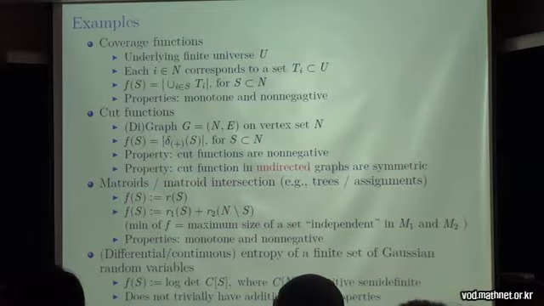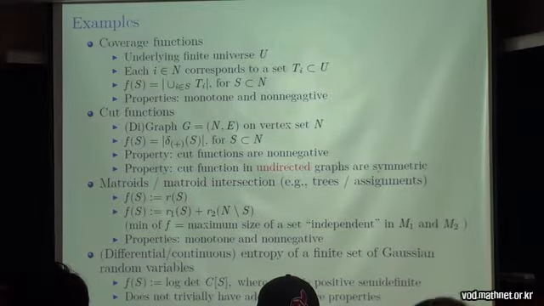That's a really interesting submodular function to try to maximize. And there are real applications of it, in this case in environmental monitoring. So those are examples of submodular functions that I think are pretty motivating.